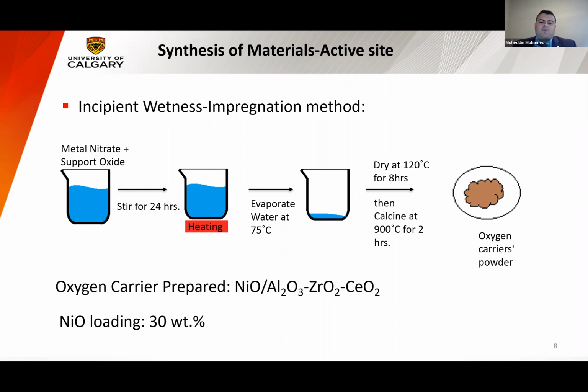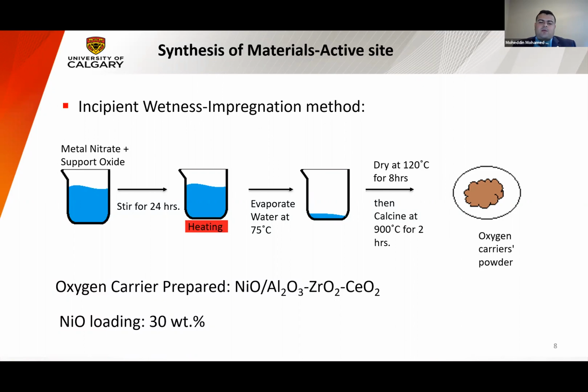After the water evaporated, the paste was dried again at 120 degrees for 8 hours, followed by 2-hour calcination at 900 degrees. The result was the oxygen carrier powder, which was then ready for testing. The nickel oxide loading for this sample was 30%. The other sample that was prepared was nickel oxide on aluminum oxide.